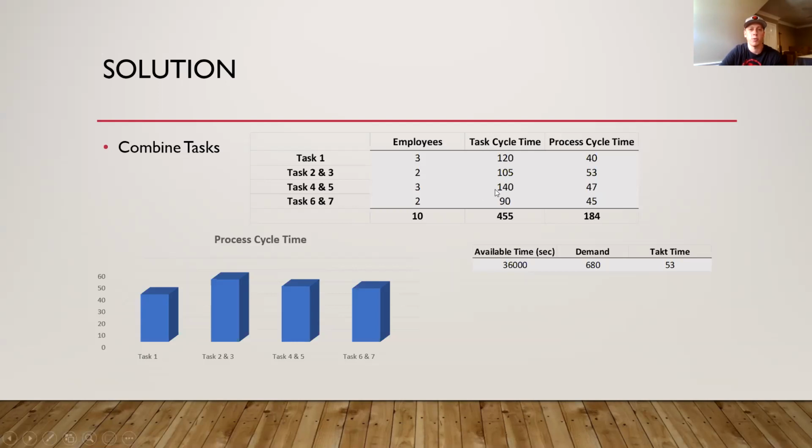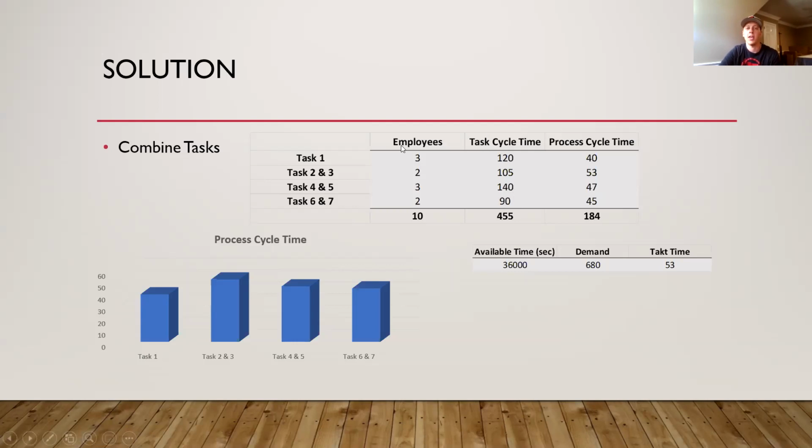So task number 4 normally was taking 120 seconds, but we did add 20 seconds to that to account for the time that it might take the employee to take the sandwich, place it into the toaster, and return to his or her workstation. So by doing this, we were able to accomplish two really important things.